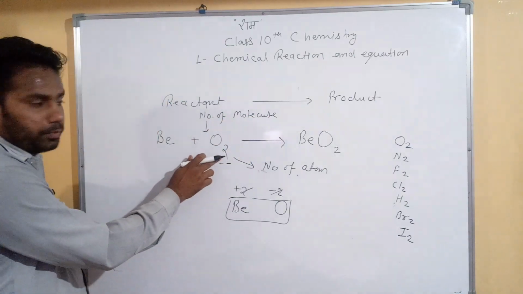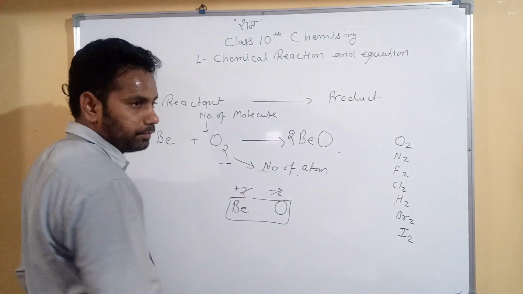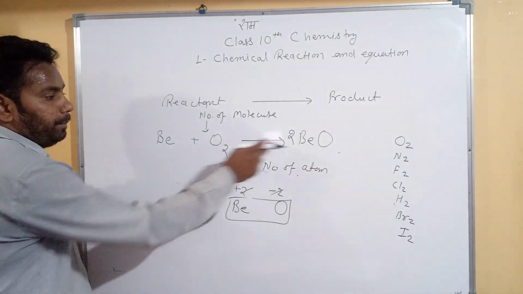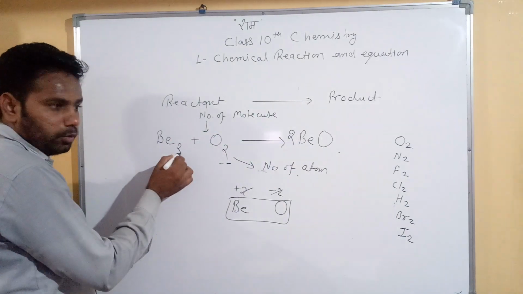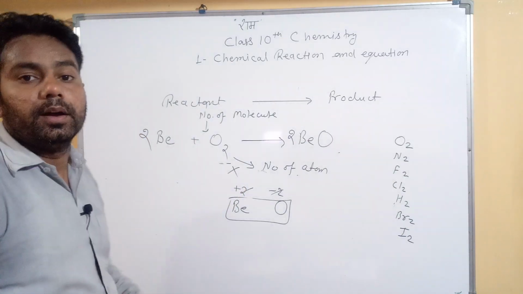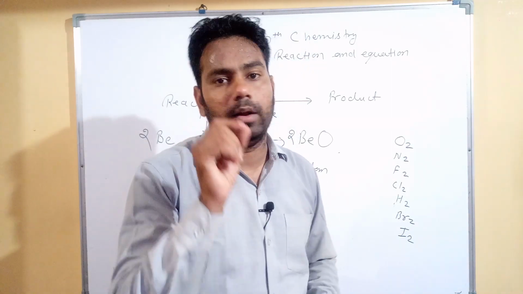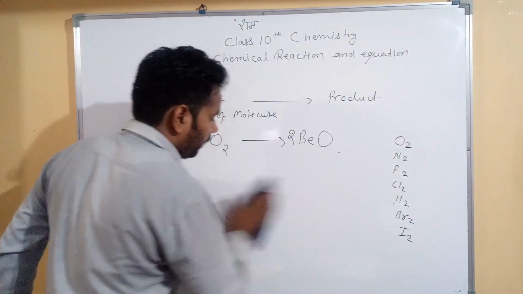So we have 2 oxygen but here only 1 oxygen, so we put a coefficient here. Then beryllium is 2 but here 1, so we put a coefficient here. We don't change the subscripts; we always change the number in front of the chemical compound or element. Then again we take some more examples.